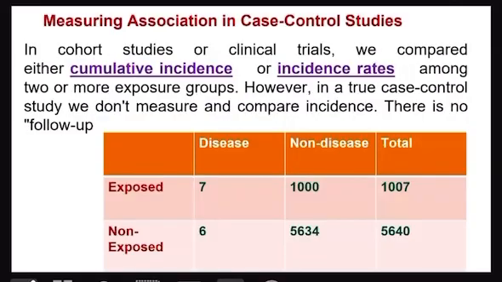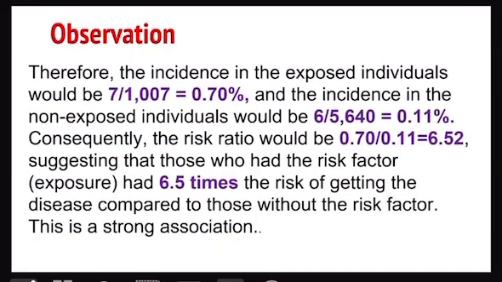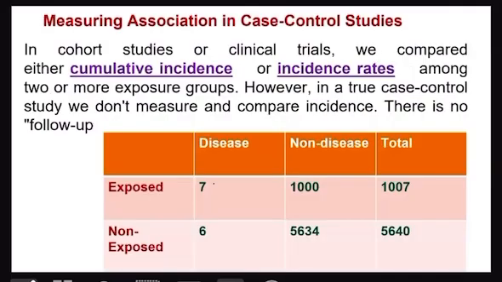Now, if you look at what I have right now, I can do the same as I did the other time. If I want to look at the incidence in the exposed individuals, 7 over 1,000, you can see 7 divided by the total, and 6 divided by that.